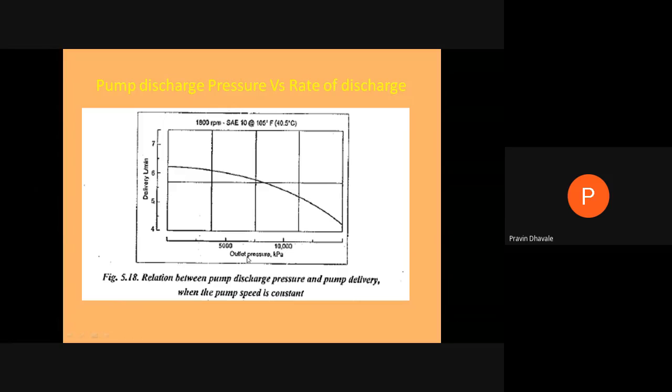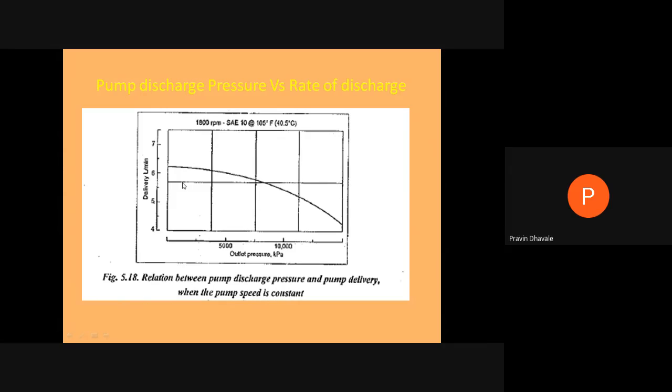And the outlet pressure, that is the discharge pressure, is in kilopascals: 5,000, 10,000. All these characteristics are plotted at a constant speed of the pump. This graph shows the relation between pump discharge pressure, that is the outlet pressure, and pump delivery, that is the discharge in liters per minute, when the pump speed is constant.